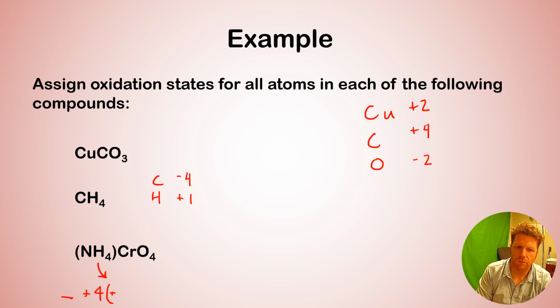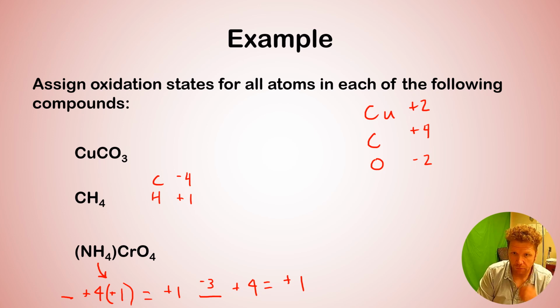Four times +1 equals +1. Another way of looking at it is blank plus 4 equals +1. Well, that would be -3. Because if nitrogen, I'll write these species out over here on the left-hand side, nitrogen, hydrogen, Cr and oxygen. Nitrogen is going to be -3, hydrogen is +1.